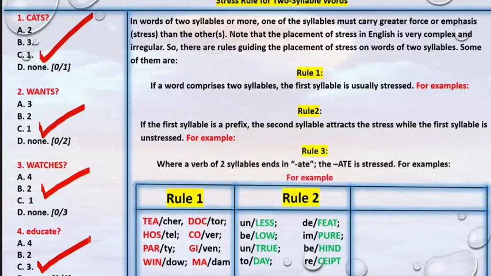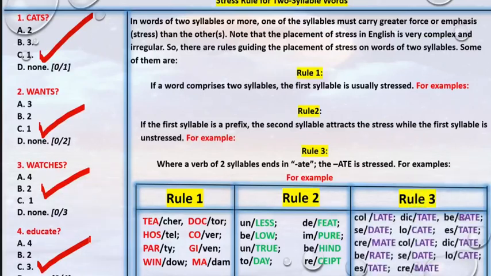Look at rule 3. Where a verb of 2 syllables ends in ATE, the ATE is actually stressed. Here are a few examples. Collate. So this is a verb. They are all verbs that end with ATE.